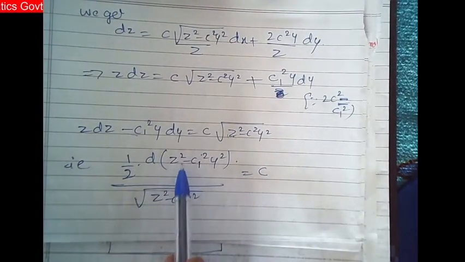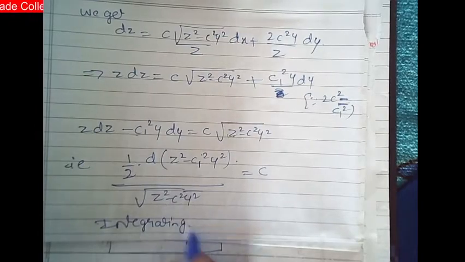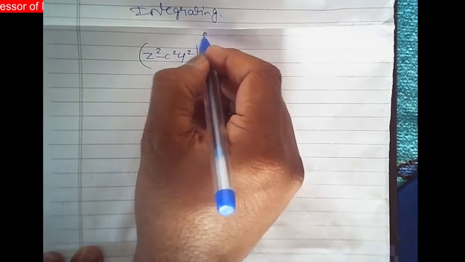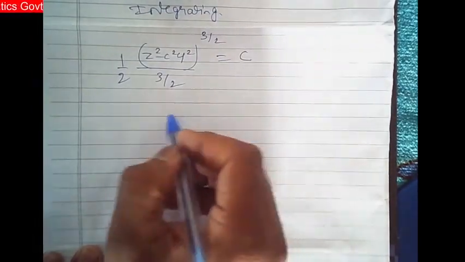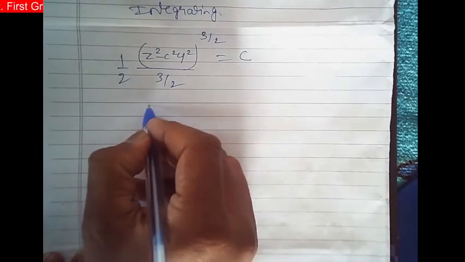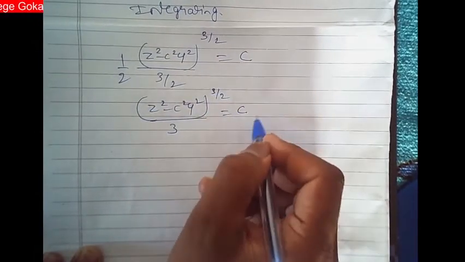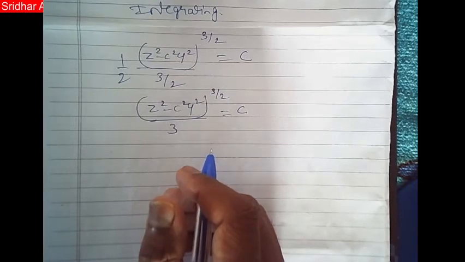Since the numerator is the differential of the denominator, therefore integrating we obtain z square minus c square y square raised to 3 by 2 divided by 3 by 2 into 1 by 2 is equal to c, or this 2 gets cancelled, z square minus c square y square raised to 3 by 2 divided by 3 is equal to c.